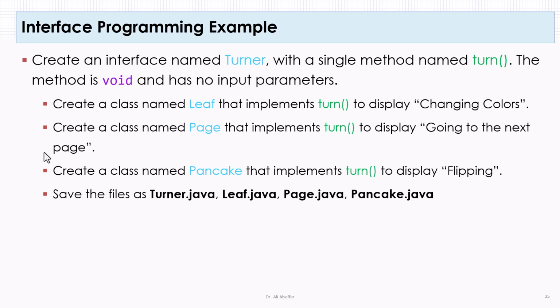Finally, create a third class called pancake that also implements the turn method, but this method will display flipping. We have already saved the interface Turner under the name turner.java, and for the leaf, page, and pancake classes, we will save them as leaf.java, page.java, and pancake.java, respectively.